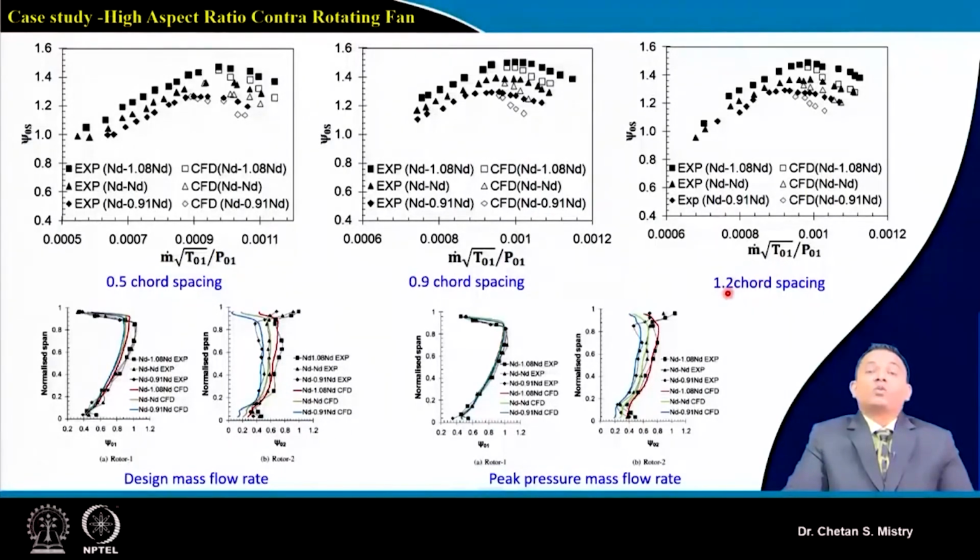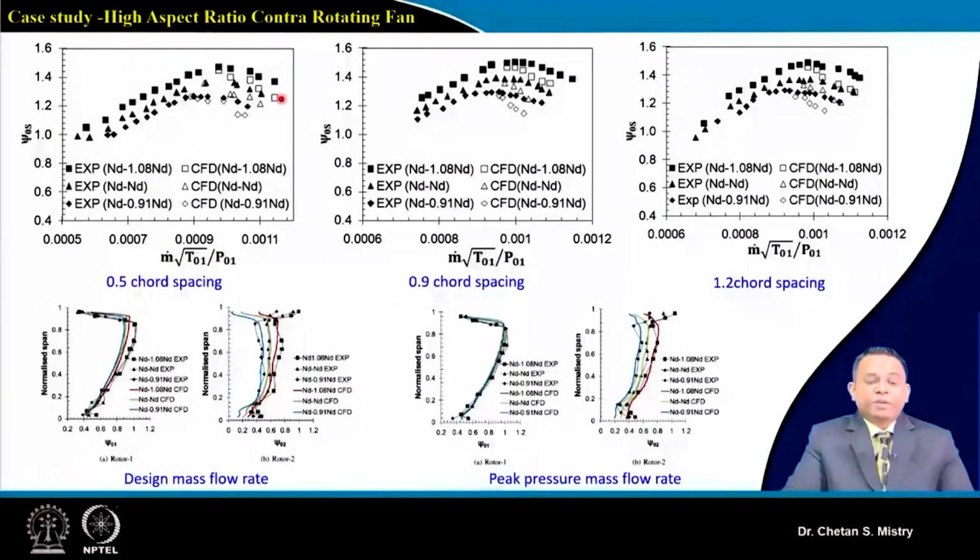Initially when we started the design, we assumed our axial spacing to be 50% of rotor 1 chord. Later on by experimentation we realized 0.9 chord, or 90% chord of rotor 1, is giving improvement in performance, and that was later used for all analysis purposes.